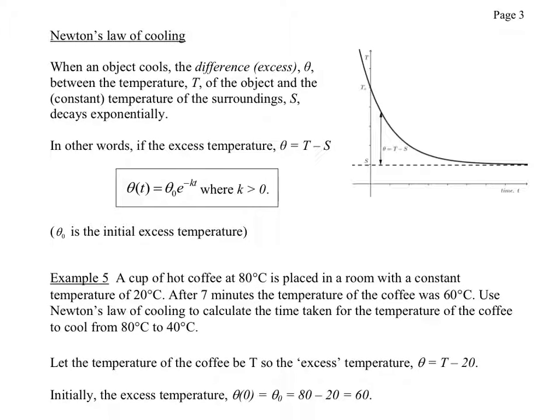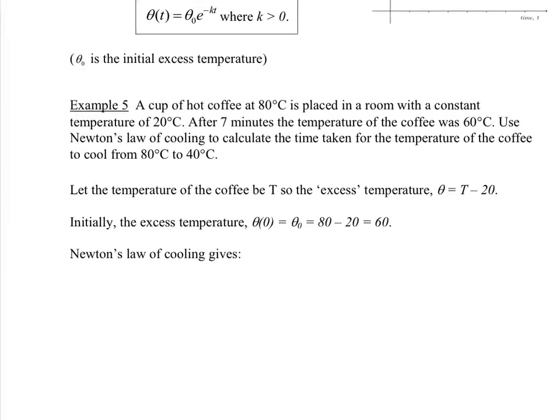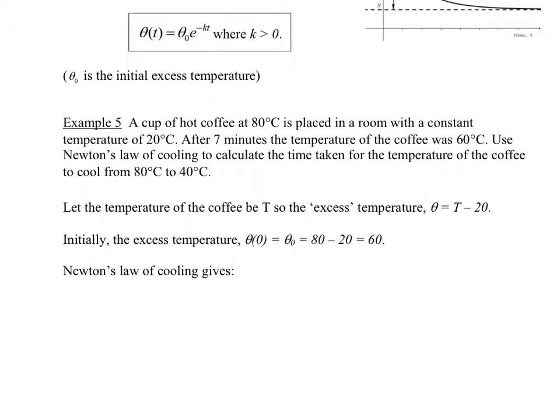So here's our example. We've got a cup of hot coffee at 80 degrees placed in a room with a constant temperature of 20 degrees Celsius. The coffee initially is at 80 degrees. You can probably guess what theta naught is.